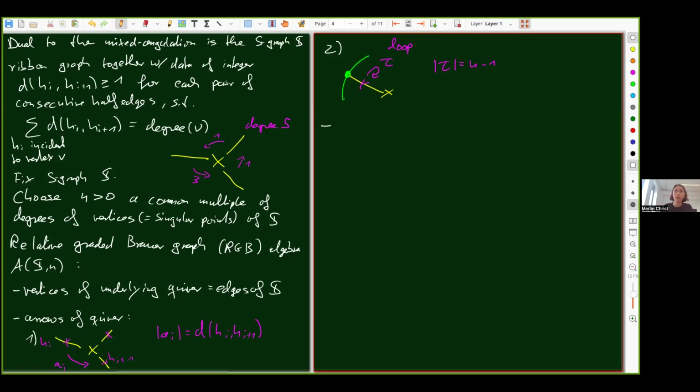So next, we need relations, and there will be 4 types of relations. So yeah, the definition is slightly involved, but we'll get through it. If you know Brauer graph algebras, you'll understand at least half of the definition. So let's say we have an arrangement like that.